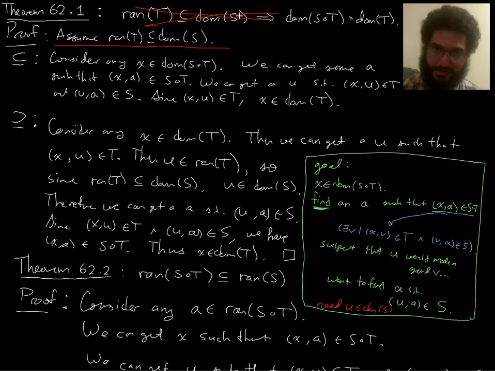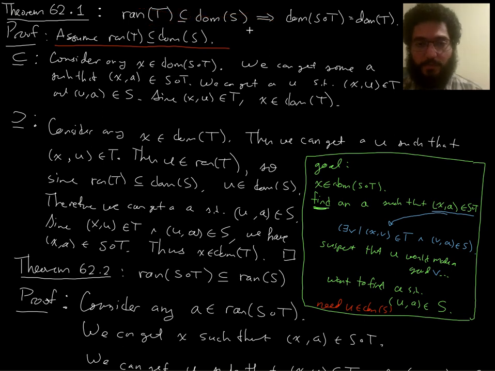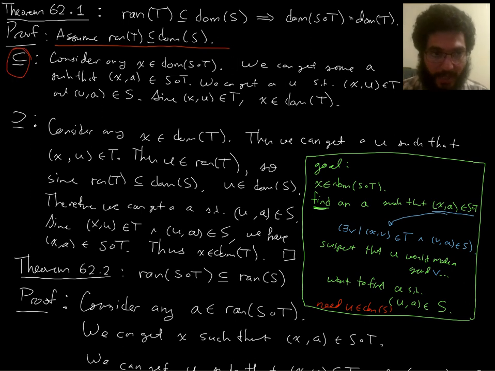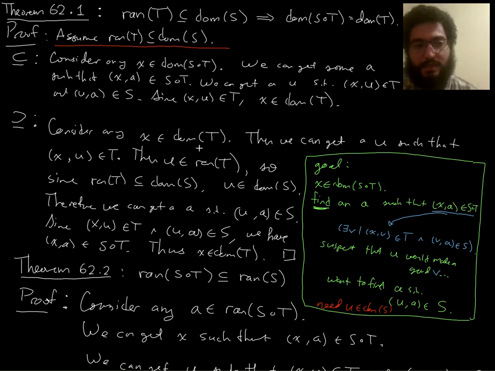So that's a good sign that the assumption is needed. But an even better sign that the assumption is needed would be a counterexample. So an example of a situation where we do actually have this inclusion, but we just don't have this one. So we can look at a counterexample at the end after I finish the core important parts of the lecture.